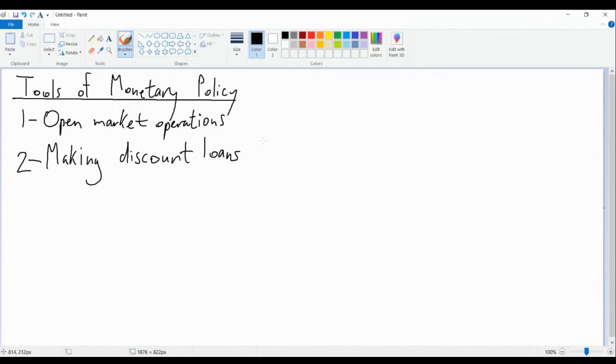Notice that discount loans are reserves that someone has borrowed, and so the textbook sometimes refers to these as borrowed reserves, as opposed to the reserves that are created using open market operations, right?